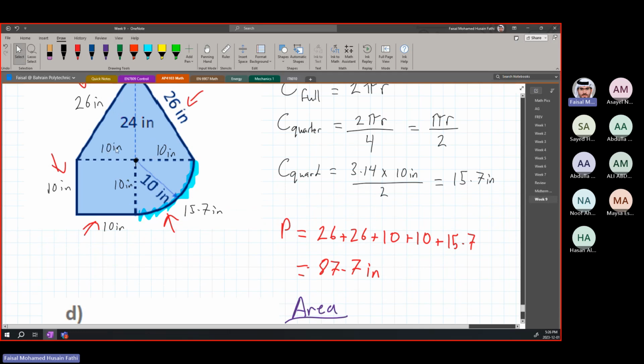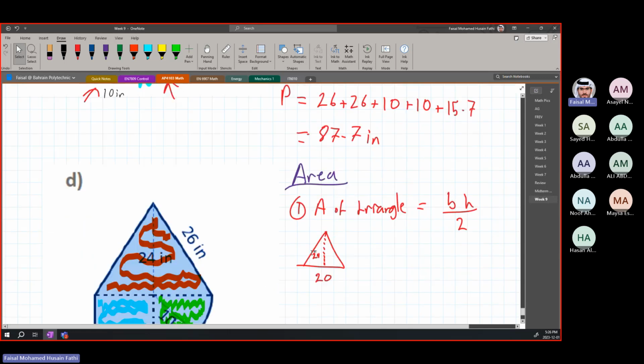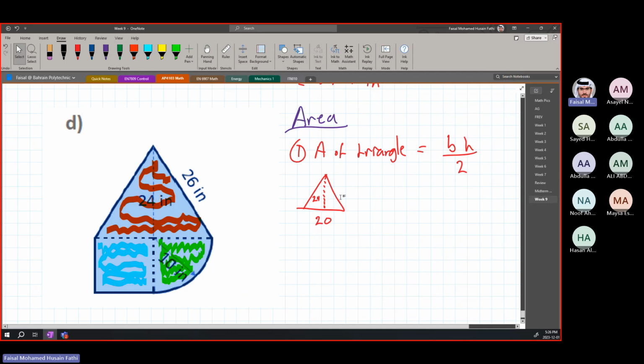We know that this is 10 inches. So the full base is 10 plus 10. So that's 20 because this is just simply the radius of the circle. So we found the base. Keep in mind, we do not use the 26 as the height. The height is the perpendicular height. So it has to form a perpendicular with the base of the triangle.